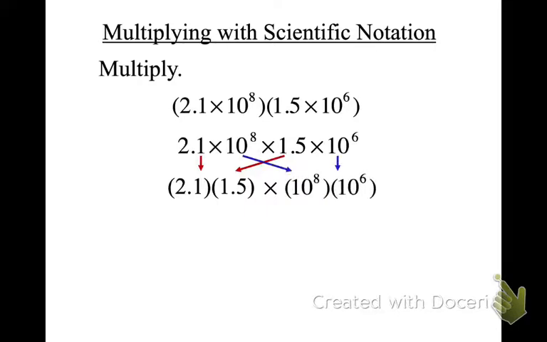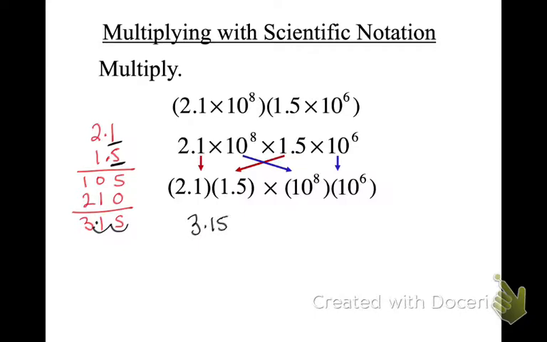Now here, we're multiplying by normal, just good old-fashioned multiplication. 2 and 1/10 times 1 and 5/10, it's 5, it's 10, I'm going to add a 0, it's 21, it's 315, and notice I count my decimal digits, 1 decimal digit, 2, so I move over once, twice, it's 3 and 15/100 times 10 to the 8 plus 6.